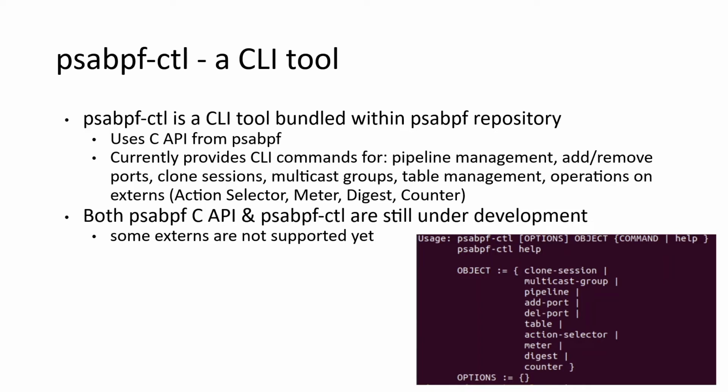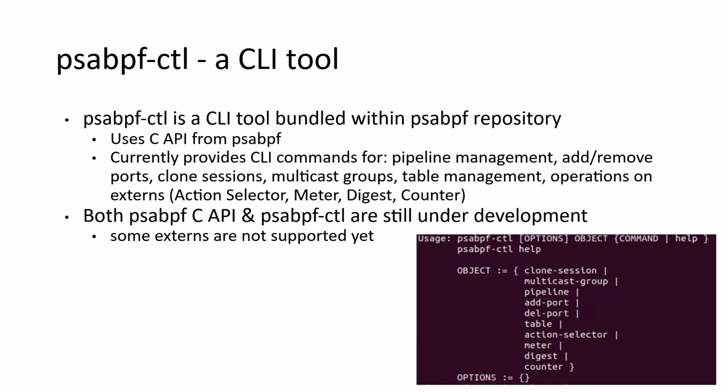Support for all the externs is not implemented yet. For now, PSA BPF and PSA BPFCTL support pipeline management, add or remove ports, clone sessions, multicast groups, table management, operation on externs, action selector, meter, digest, and counter.